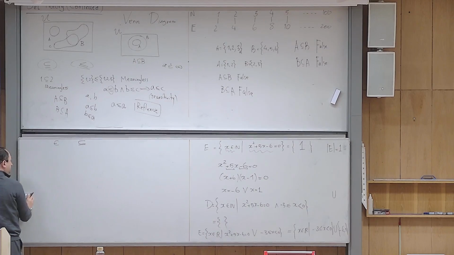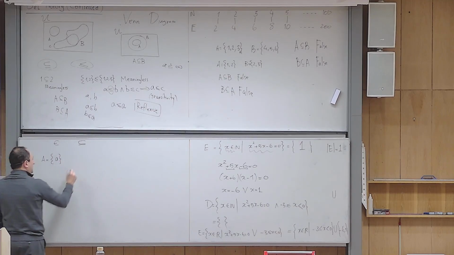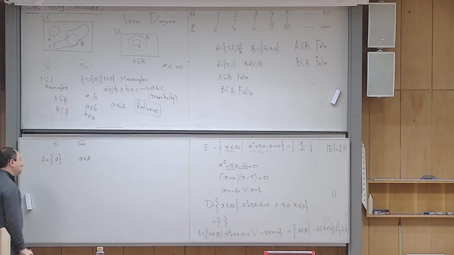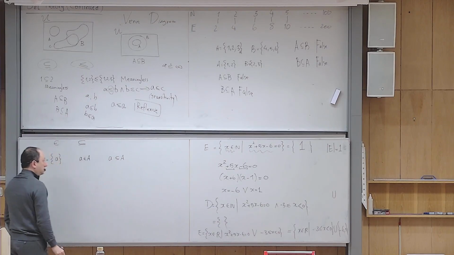For example, if I write A to be A, can I say that A belongs to A? Yes or no? That is clear. A belongs to A. But can I say A is a subset of A? So be careful.